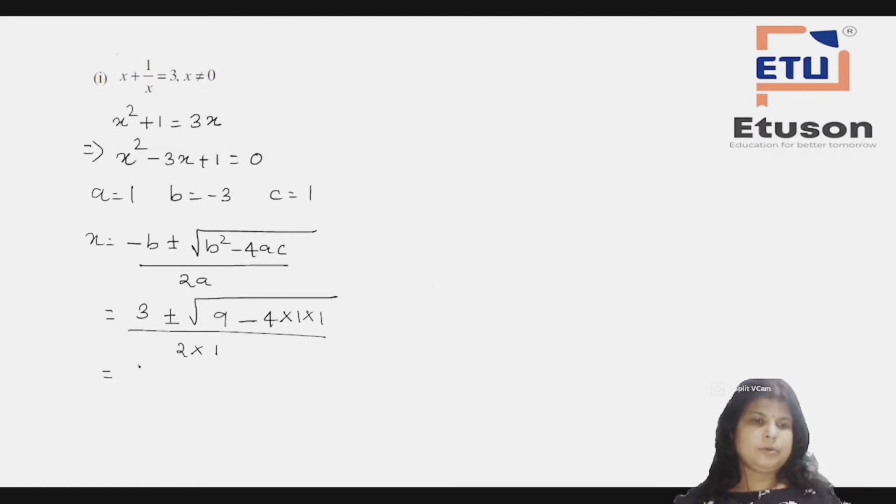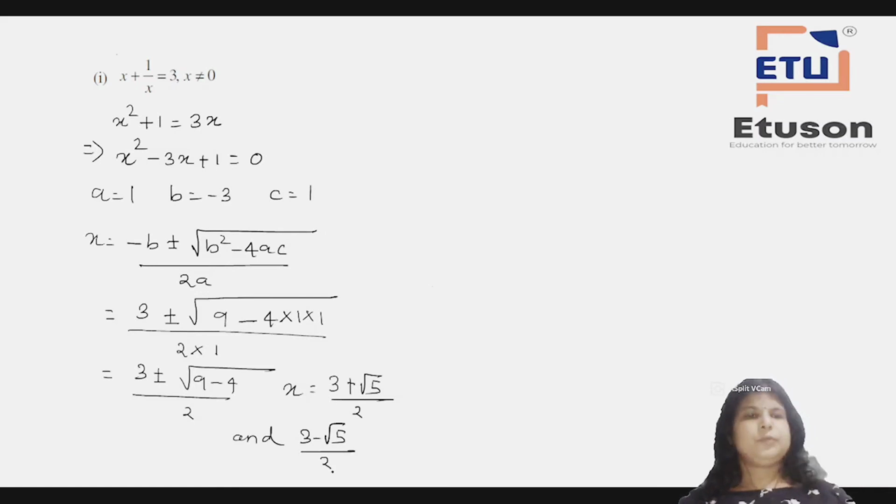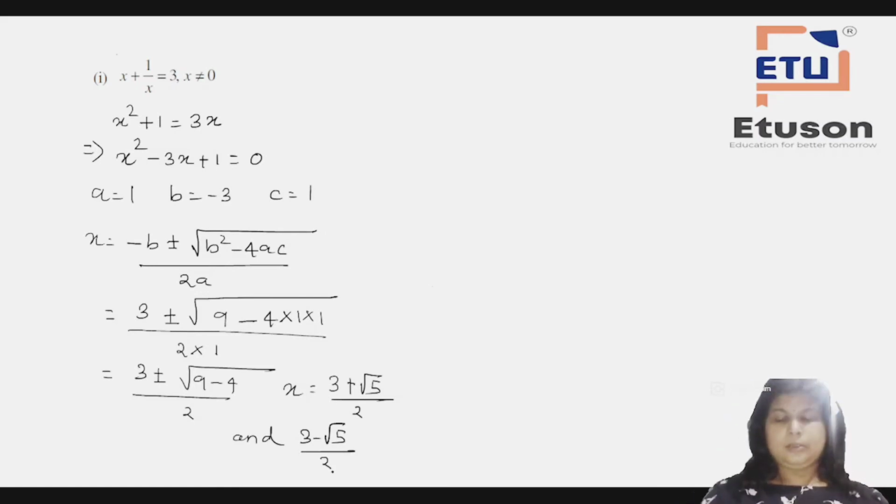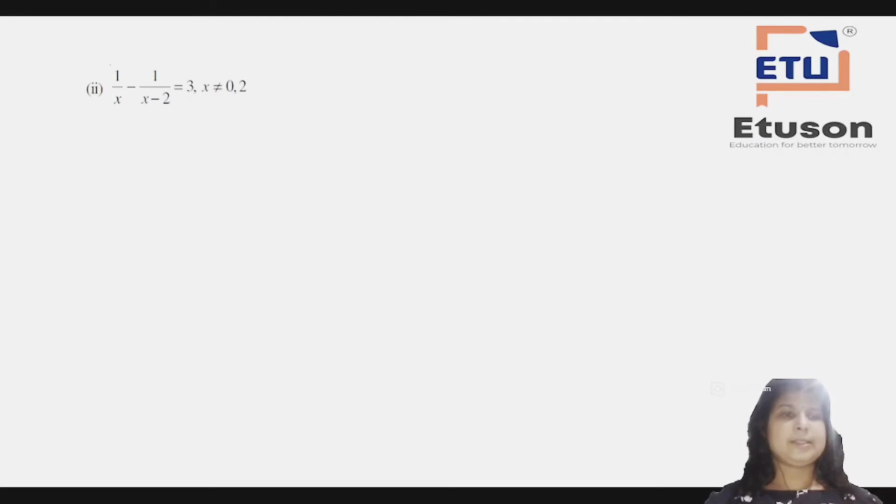So that is equal to 3 plus or minus square root of 9 minus 4 divided by 2. So x is equal to 3 plus root 5 by 2 and 3 minus root 5 by 2. Correct, children?